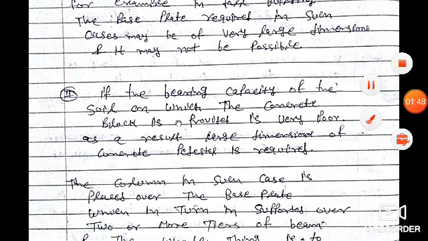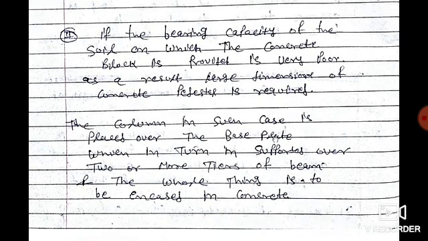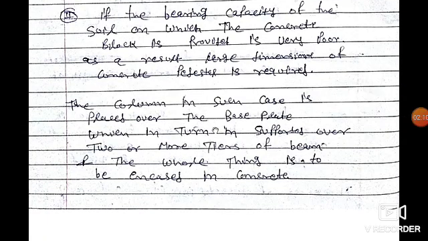If the bearing capacity of the soil on which the concrete block is provided is very low, it results in a large dimension of concrete pedestal. In both cases, the grillage foundation is required.